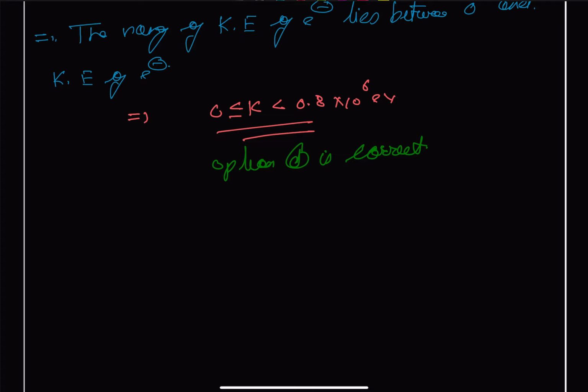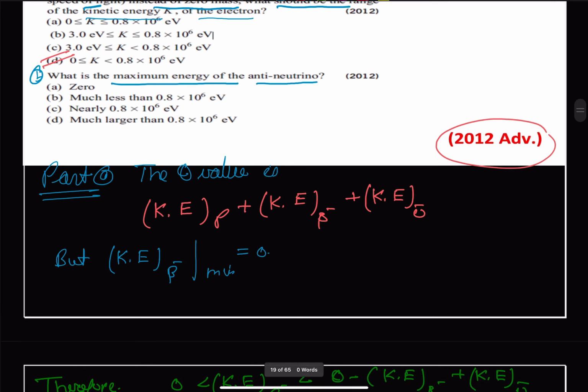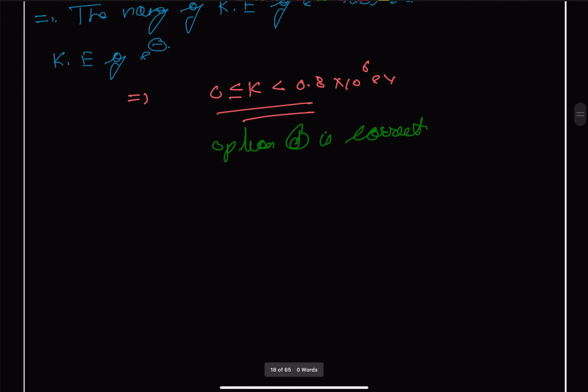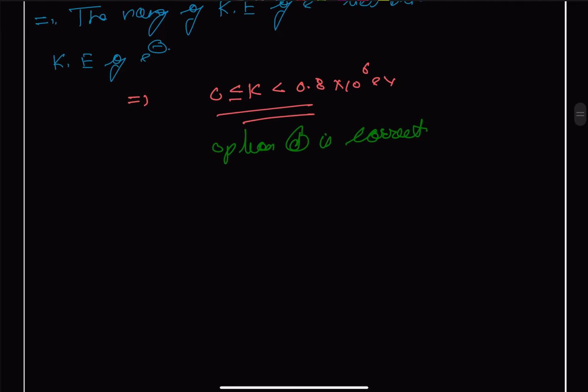And in part B, it states that the maximum energy of the antineutrino is, and we are given a two-step process also. So we can say part B gives us that the neutron is our proton plus electron plus antineutrino.